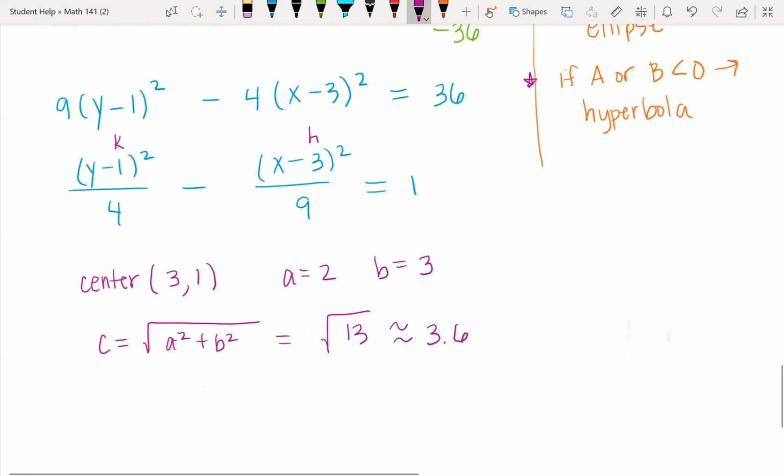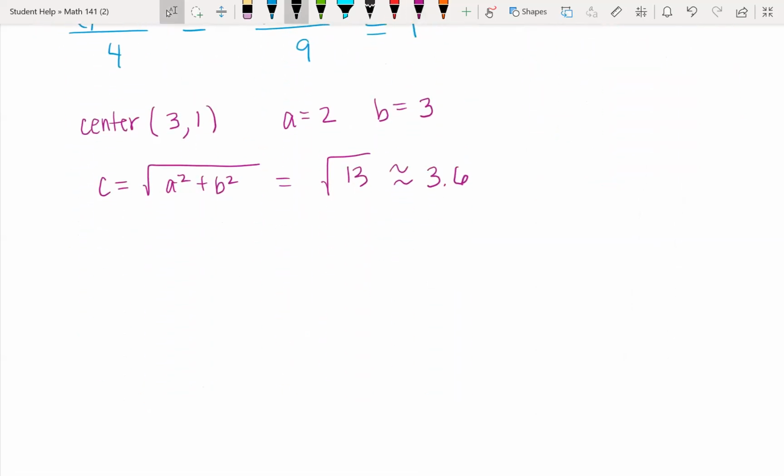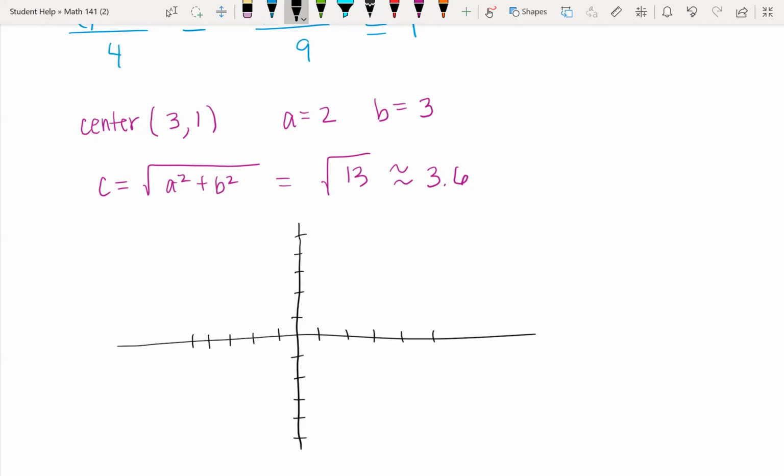Okay, I think we're ready to get a graph going here. So our center is at 3, 1. This is going to open in the direction of y.